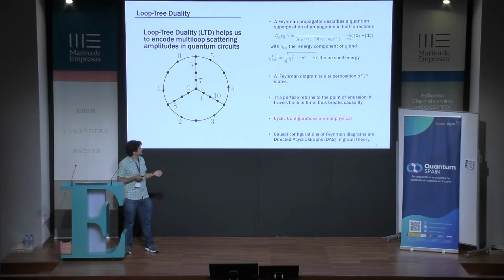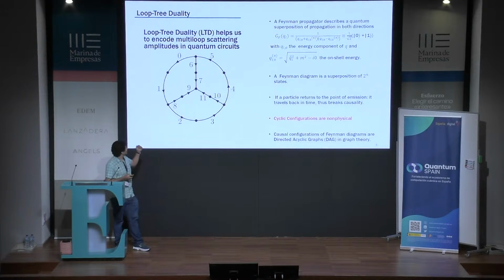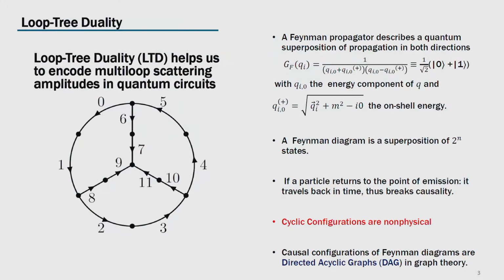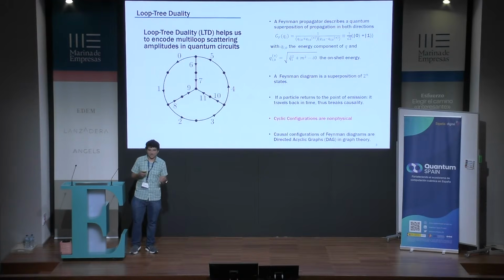Well, how do we do this? A Feynman propagator can be represented as a superposition of propagation in both directions. What we mean is, if we see these arrows, we can set them in different directions, and as a superposition, we can initialize this kind of diagram to represent a direction a particle can travel. Each arrow represents a propagator, or in a simpler way, a particle in the diagram. So a Feynman diagram is a superposition of 2 to the n states.